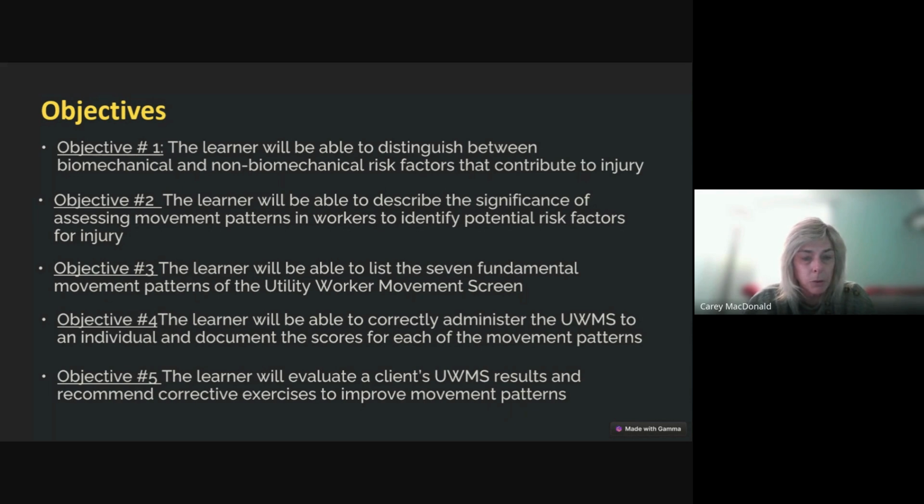They'll be able to correctly administer the utility worker movement screen to an individual and document the scores of each movement pattern. And then once the movement pattern has been completed, be able to evaluate a client's results and recommend corrective exercises for improvements in the workers' activities.